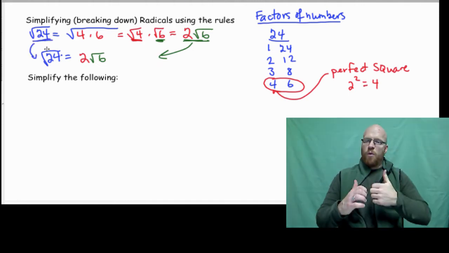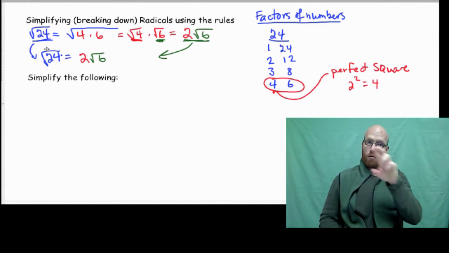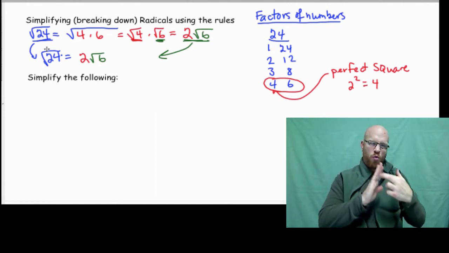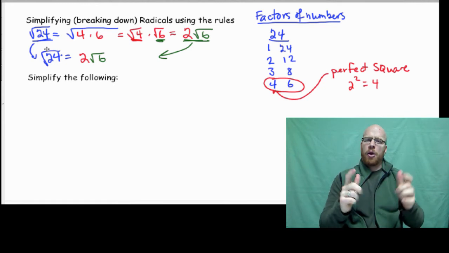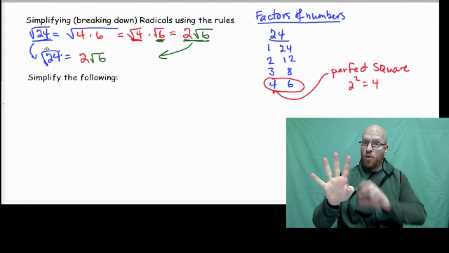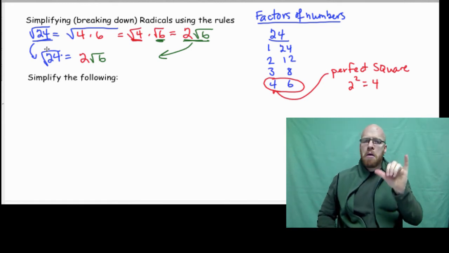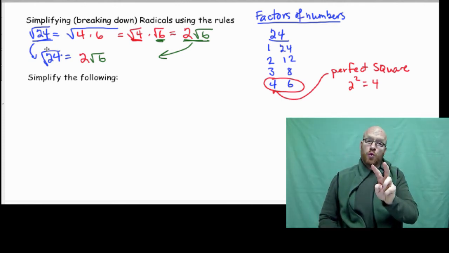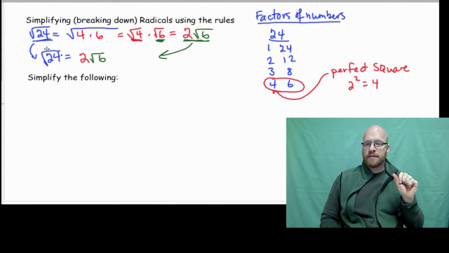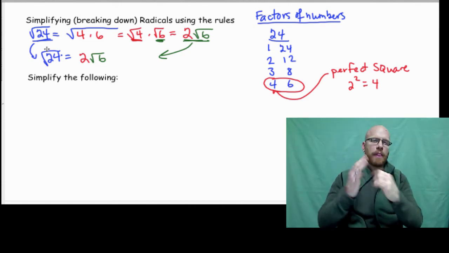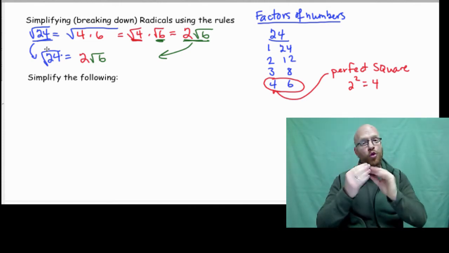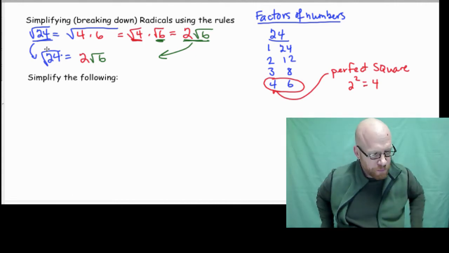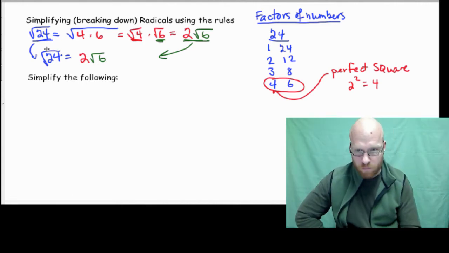So there's our answer. That's how we would break down the square root of 24 using our product rule. So the square root of 24 is equal to 2 times the square root of 6. They have the same value. We're going to do other examples using coefficients, okay? Using numbers.